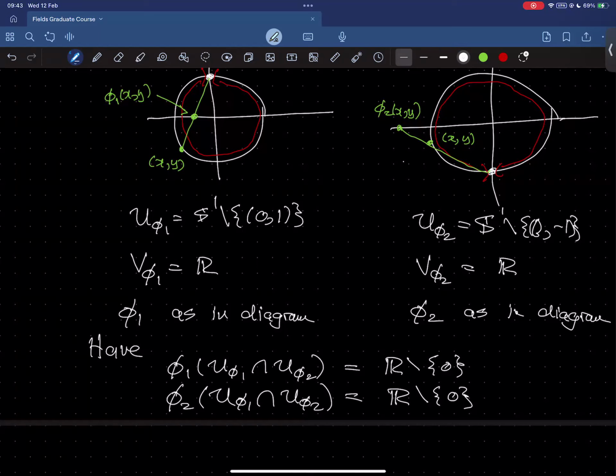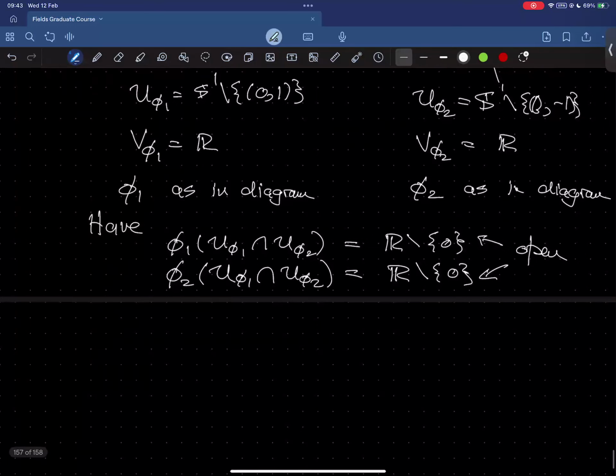So the point is, and I have to verify this, according to the definition of compatibility, I have to verify that these are open, and they are. So those are open subsets of R. Good.